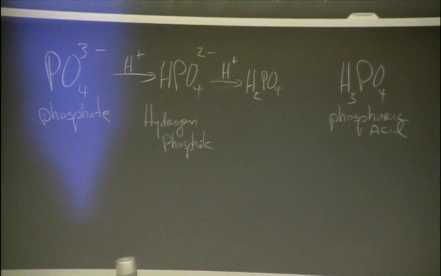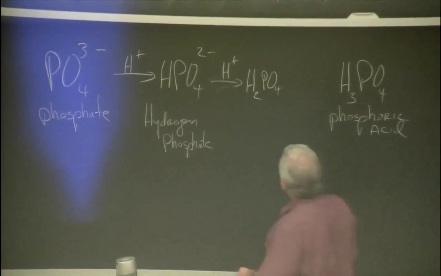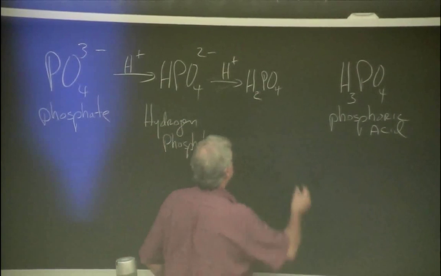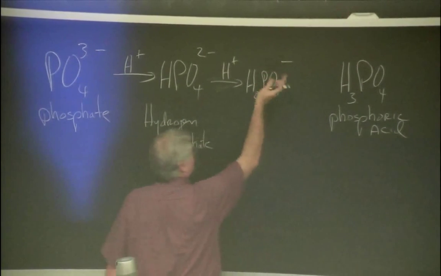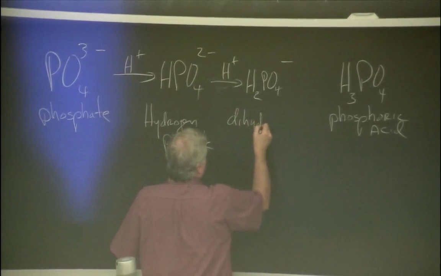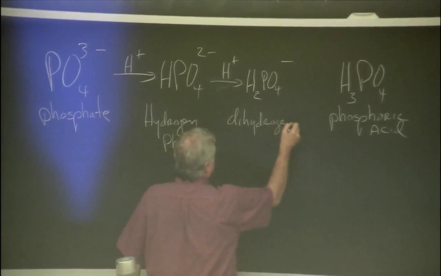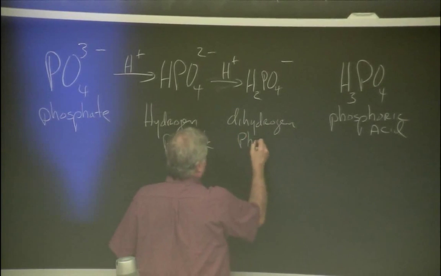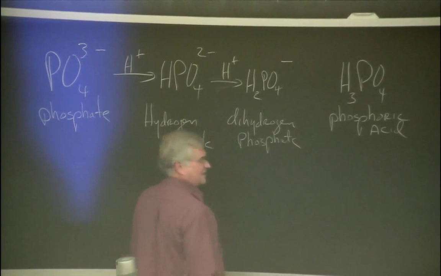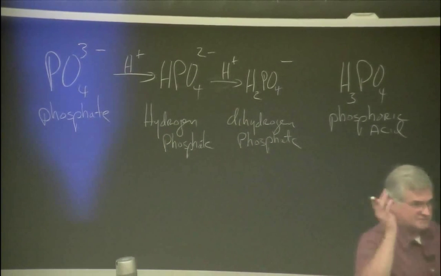Better? All right. So now we have 2 hydrogens on here. What's the charge going to be? -1, or just say negative, that's fine. So that's going to be called dihydrogen phosphate. I used a lowercase d, so what? I just did that off the top of my head.